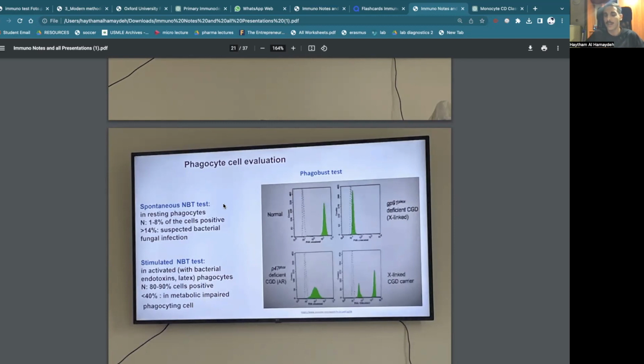On the other hand, an already activated phagocyte, usually by bacterial endotoxins, let's say, usually what should happen is that 80 to 90% of them should be active and functioning to kill that bacteria, right? But when we have a case where there's less than 40%, now we are very interested to know if there is a metabolically impaired phagocytic cell. Yes? So that's just the difference.